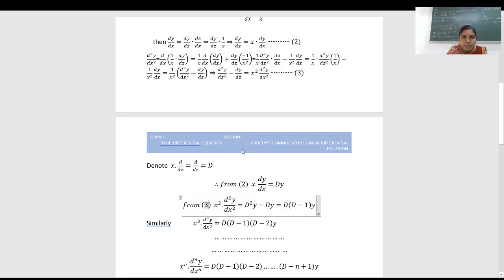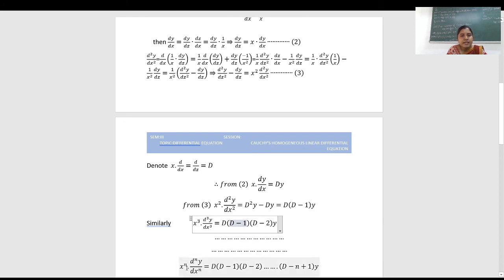From equation number 3, x² d²y/dx² = d²y/dz² minus dy/dz, meaning D²y minus Dy, and taking D common, D(D minus 1)y. So therefore, x dy/dx is D y, and x² d²y/dx² is D(D minus 1)y. Similarly, for the third derivative, x³ d³y/dx³ = D(D minus 1)(D minus 2)y.